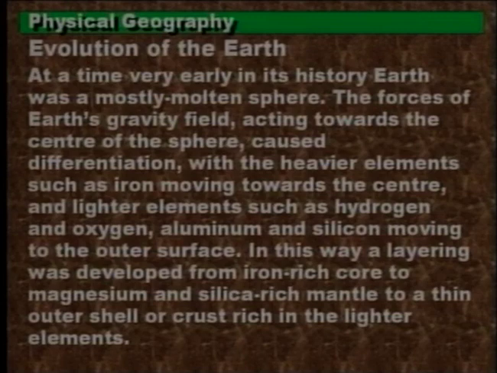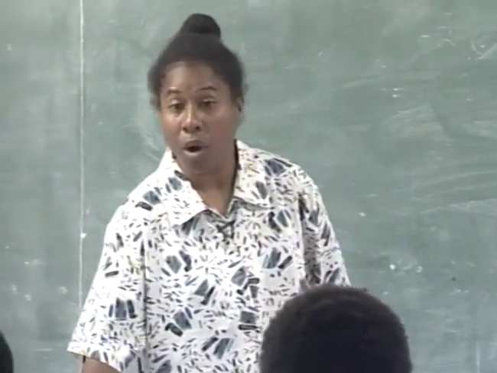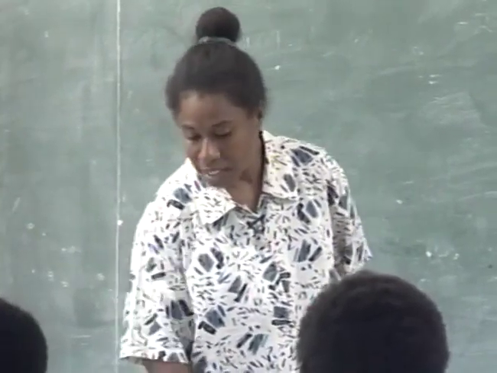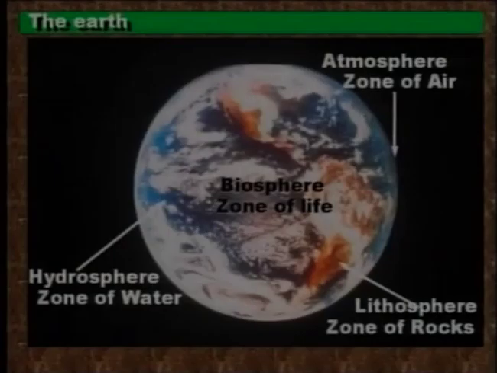We come now to looking at the diagram which is given in our booklet, as well as the diagram on our monitor there. So when we look at the Earth generally, we can say that the Earth can actually be considered into 4 main zones.